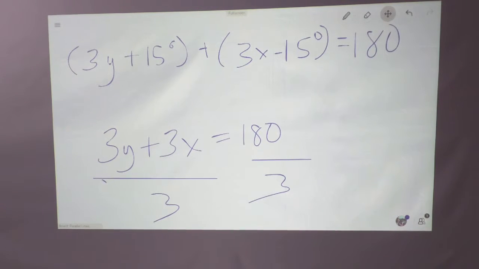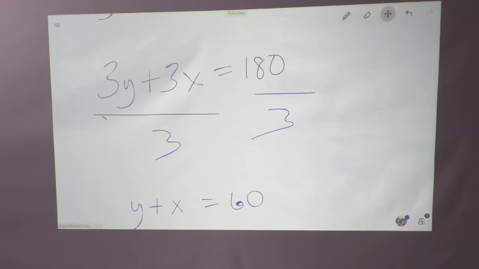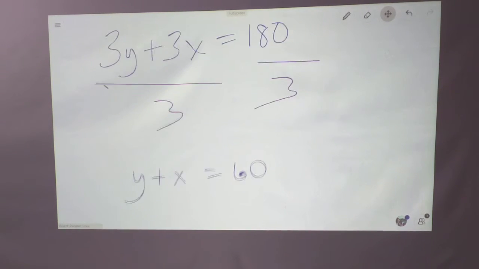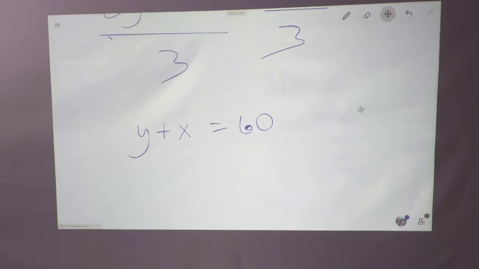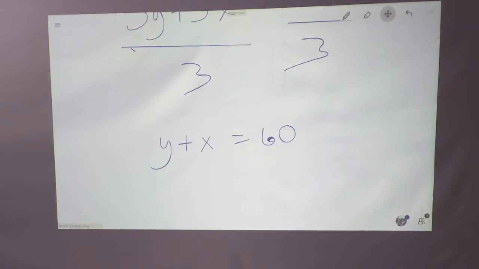And 15 degrees minus 15 degrees, those are like terms, so we can subtract them. 15 minus 15 is 0. And so we're left with 3y plus 3x equals 180. And now we divide by 3 from both sides, and we get y plus x equals 60.